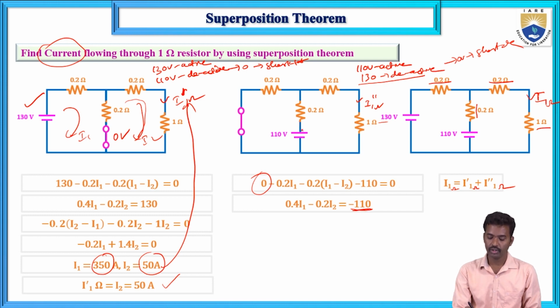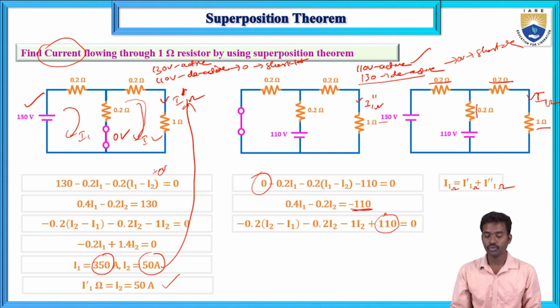So here the 110 volts is active. In the previous case there was no 110 volts, so that value was 0. Now in the second case, same equation, but one extra value, the voltage source.